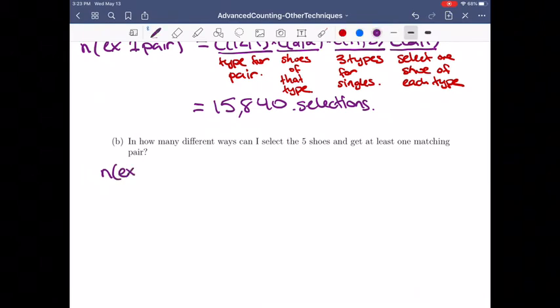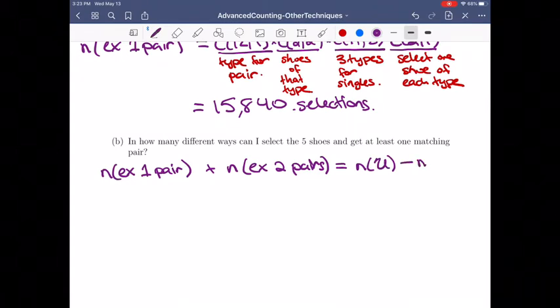So I could use my exactly 1 pair and then add the exactly 2 pairs case. Or I could do the number in the universe and subtract the opposite, which is the number with no pairs, using the complement rule. Both of these are the same.